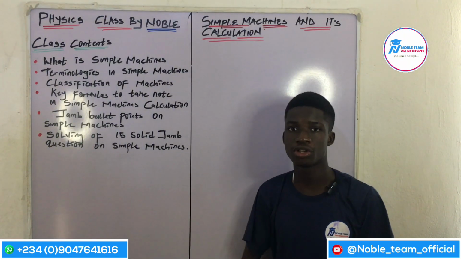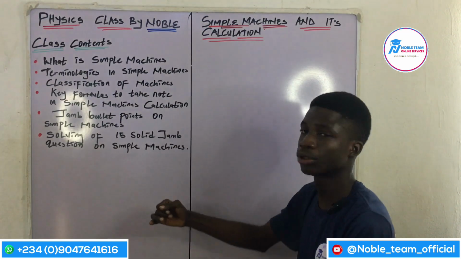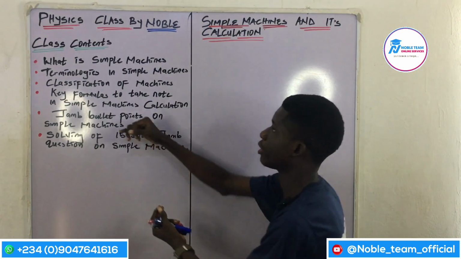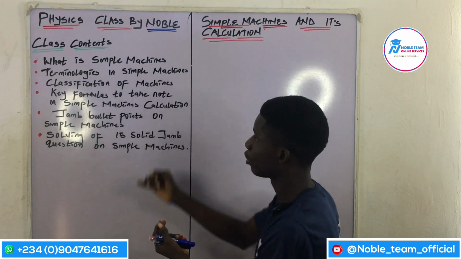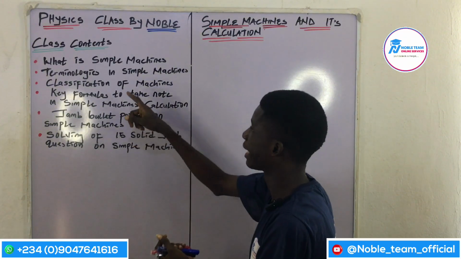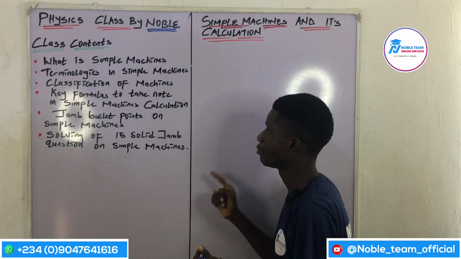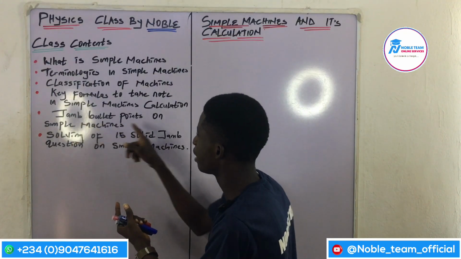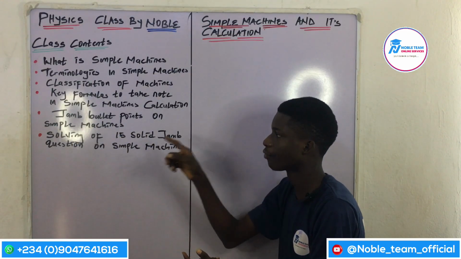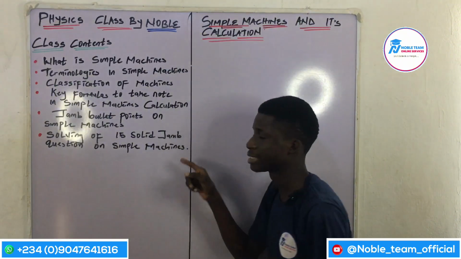So my name is Noble C of Noble Team, and this is the class content of what we are going to be looking into. We have what is simple machine, terminologies in simple machine, classifications of machine, key formulas to take notes on in simple machines, JAMB bullet points on simple machine, and solving of 15 solid JAMB questions on simple machine.